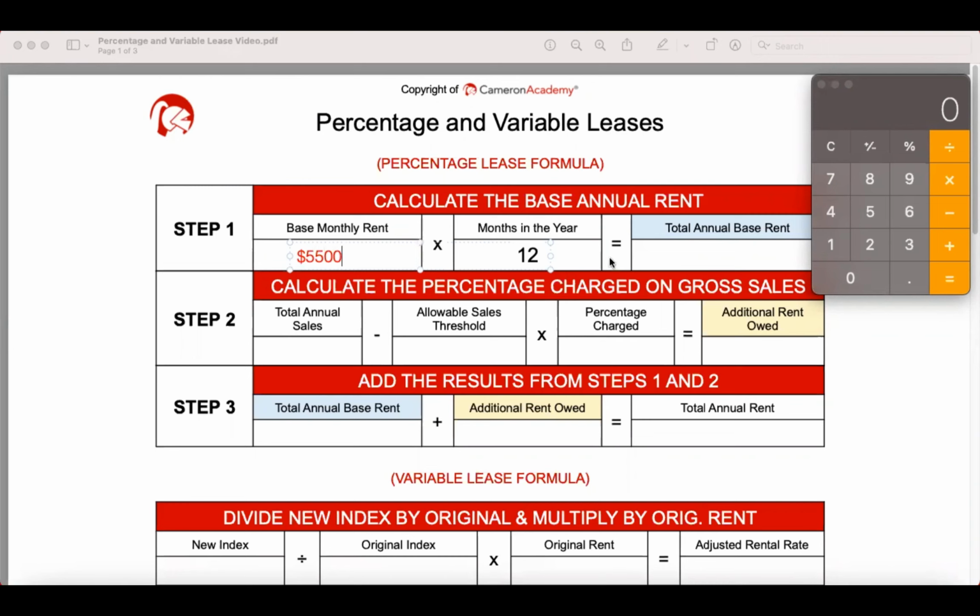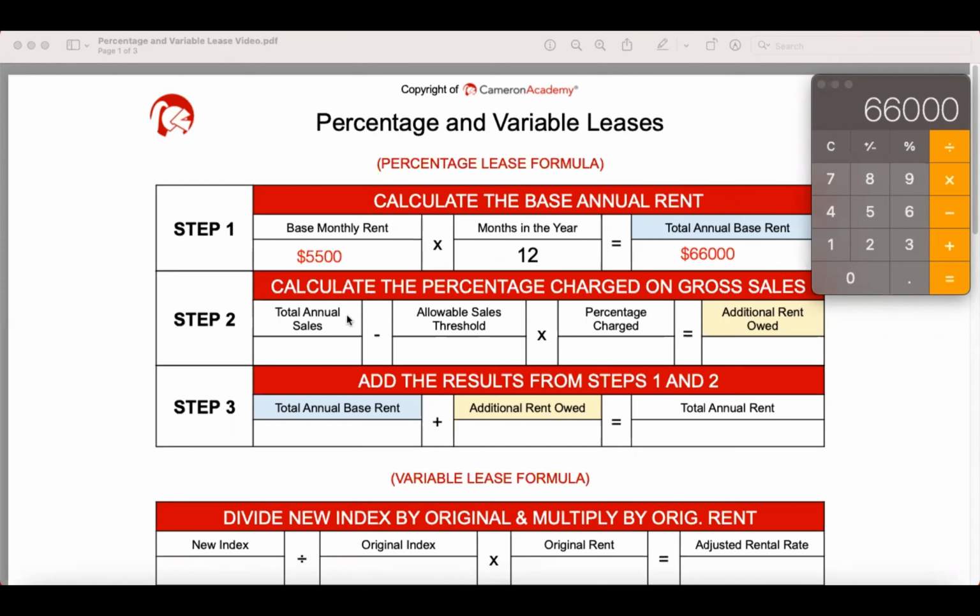And they want us to calculate annual, so you simply multiply by 12. Very easy. You take 5,500, simply multiply by 12, and you find out that it's $66,000. That's what we're going to plug into here. Okay, so that's our base annual rent for the entire year.